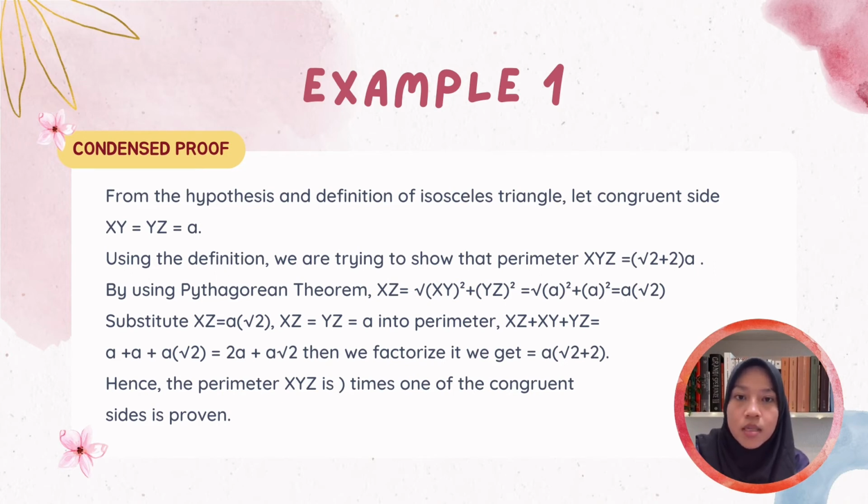After that, substitute XZ equal to a square root of 2 and XY plus YZ equal to 2a into the perimeter and we get 2a plus a square root of 2. Then we factorize a and we get a times square root of 2 plus 2. Hence, the perimeter XYZ is equal to square root of 2 plus 2 times one of the congruent sides is proven.